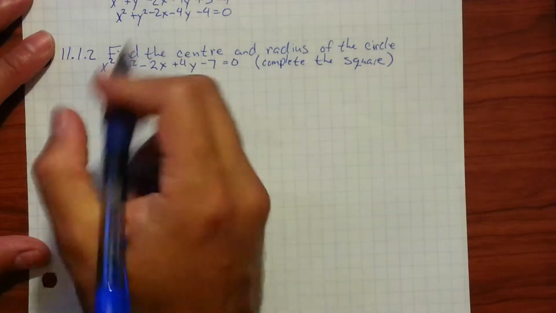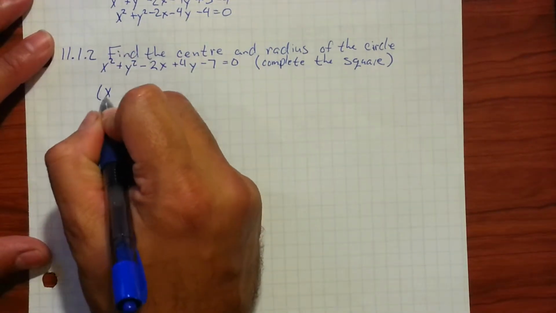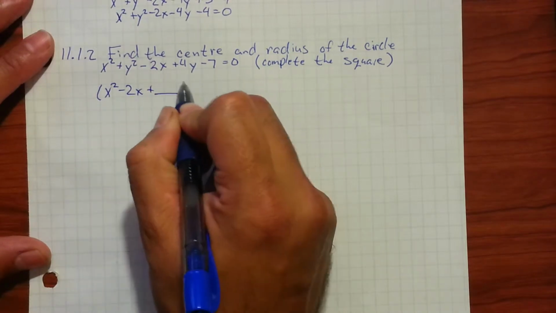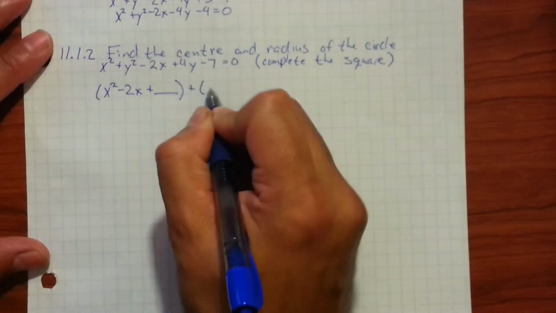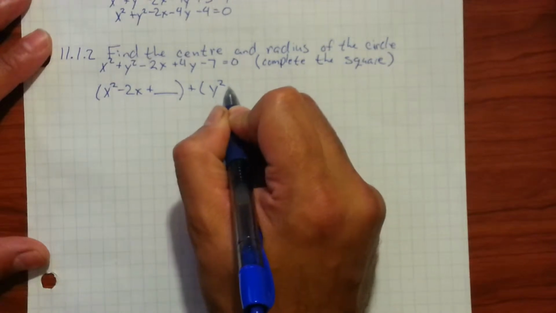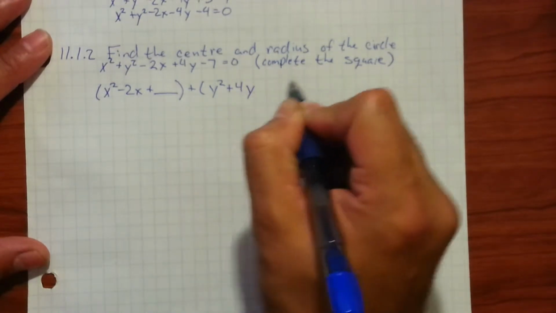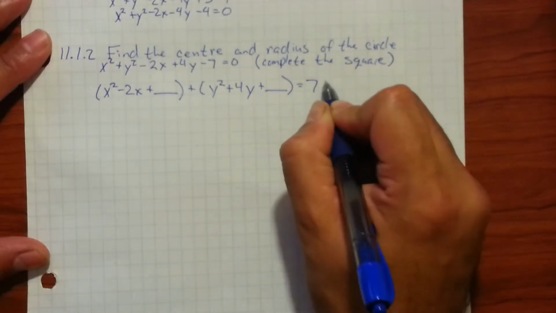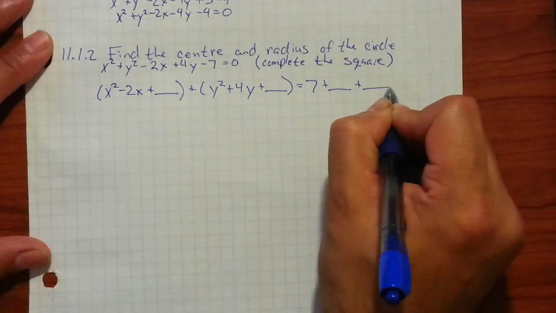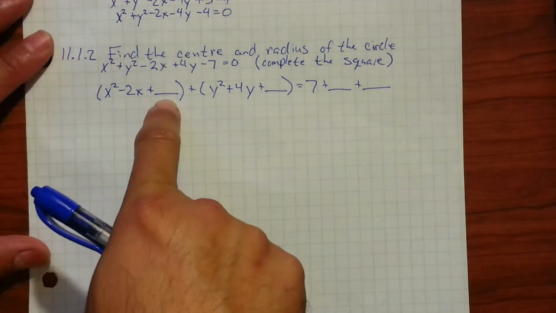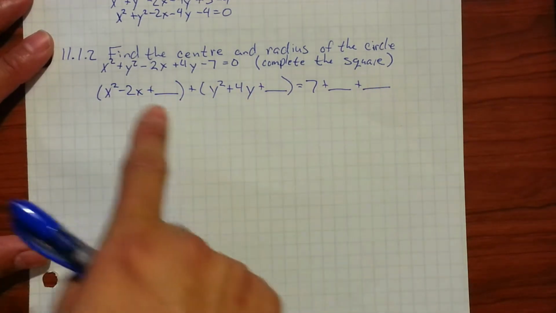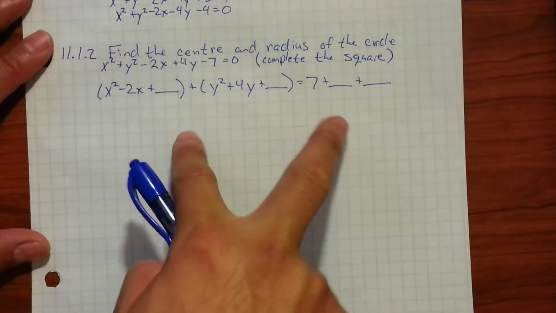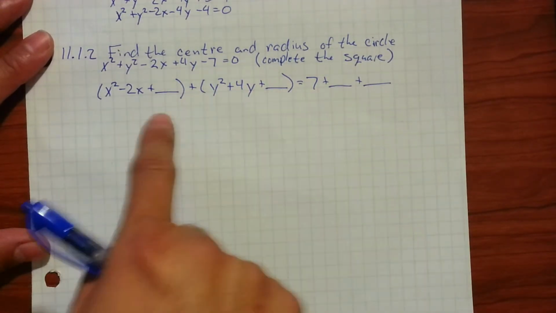I'm going to make it x squared minus 2x plus something, plus y squared plus 4y plus something, equals 7 plus something plus something. This is that something, and this is that something, because whatever you add to one side, you must also add to the other, keeping the equation balanced.